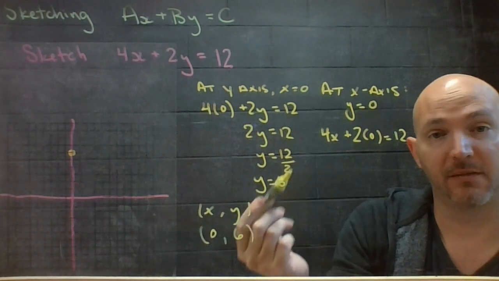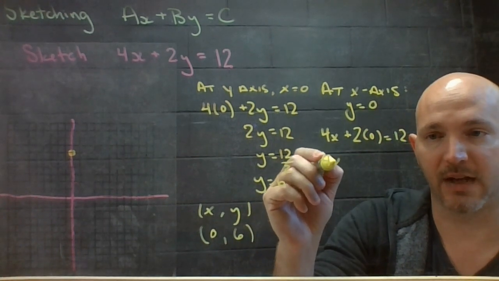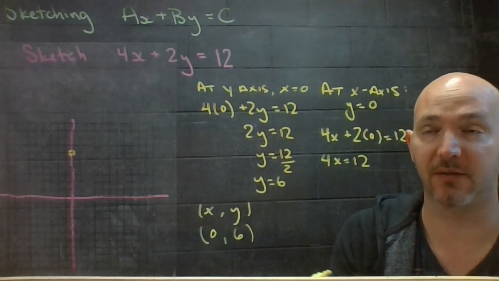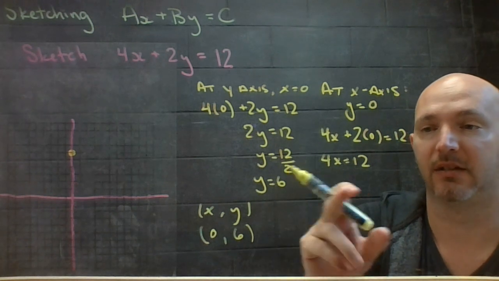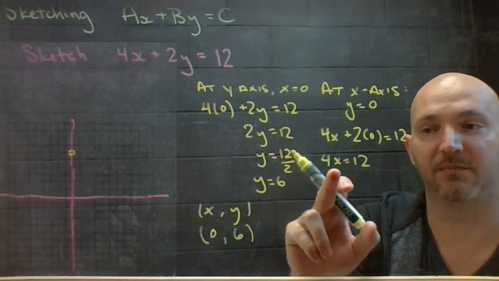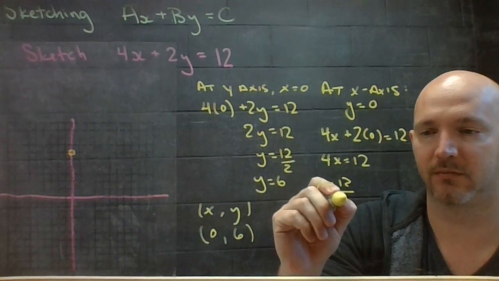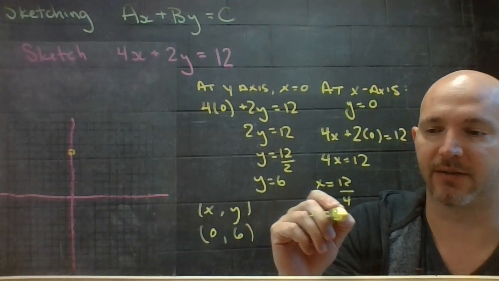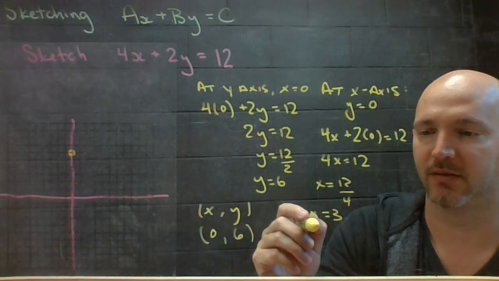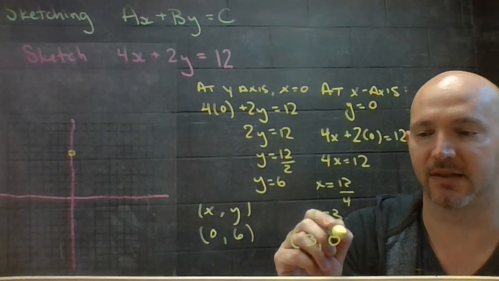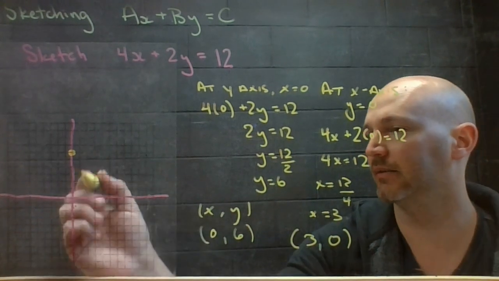Two times 0 is 0, which leaves me with 4x equals 12. So what number times 4 gives me 12? The answer is 3. But if you're not sure about that, break a multiplication with division. And there you have it, x is 3. So when the y value is 0, x is 3. That's here.